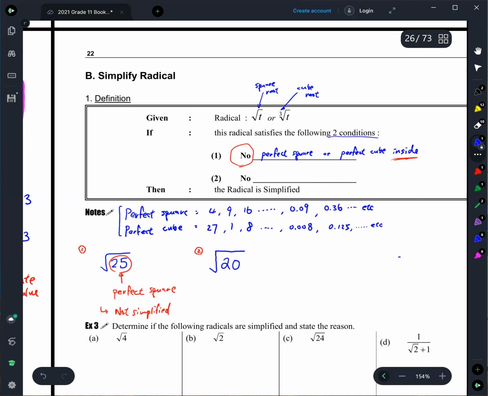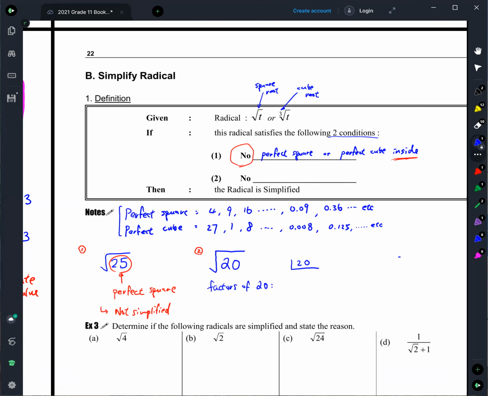But inside the 20, I can break it apart into factors. With factors of 20. Okay, so what we do is we draw a box like that and then use numbers that can be divisible into 20.